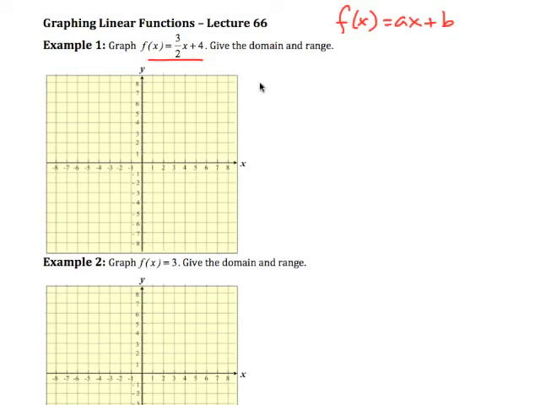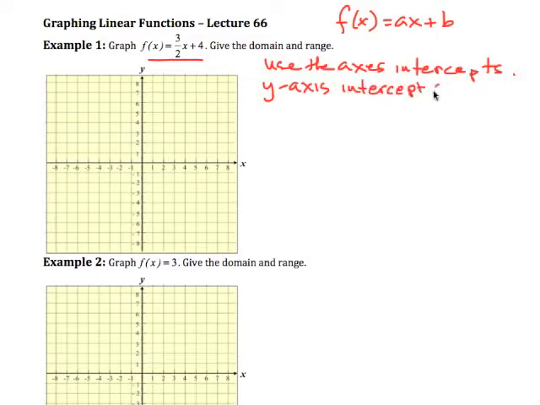Now the simplest way to draw a linear function is to use the axes intercepts. The axes intercepts are the points where the line crosses the x-axis and the y-axis. The y-axis intercept occurs when x is 0.